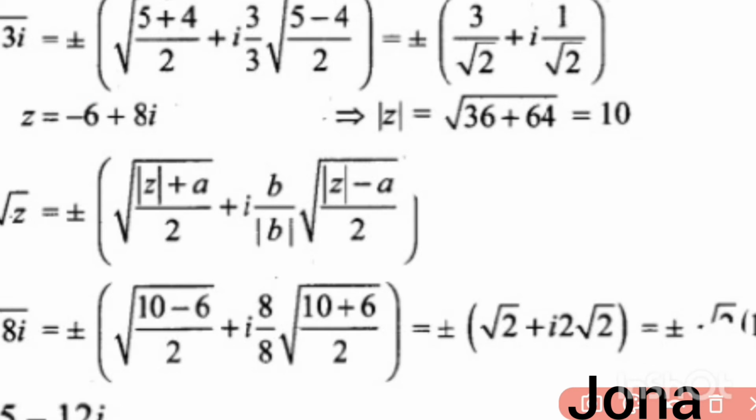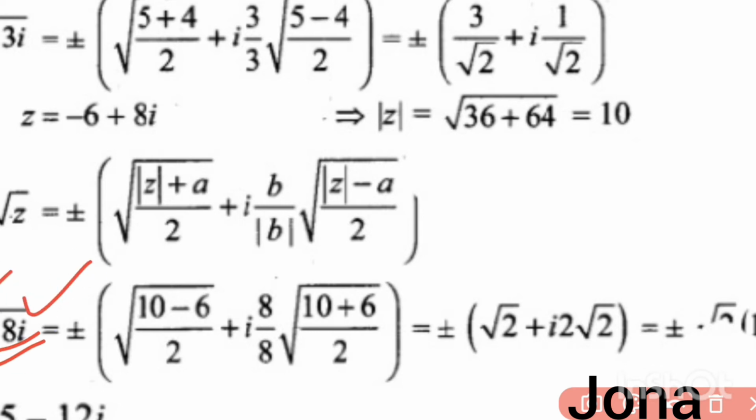Then we want to find the square root of z. It's nothing but, where the formula we have, plus or minus square root of (modulus of z plus a) by 2 plus i into b by modulus of b into square root of (modulus of z minus a) by 2 here. So let me take this z as minus 6 plus 8i. Here a is minus 6 and b is 8.